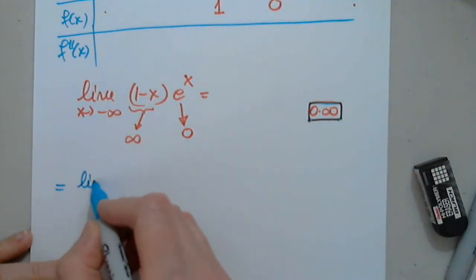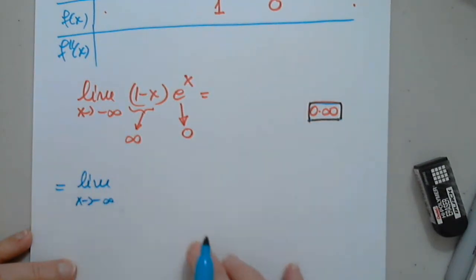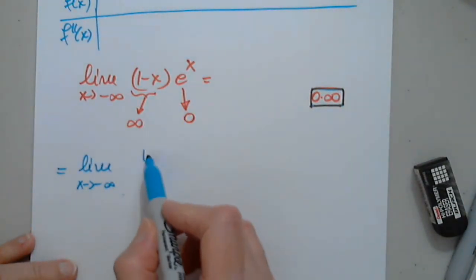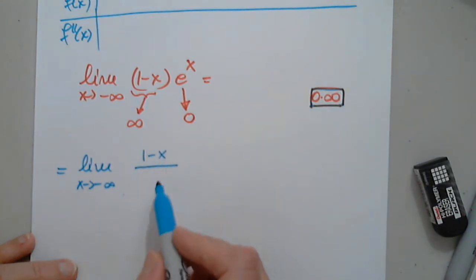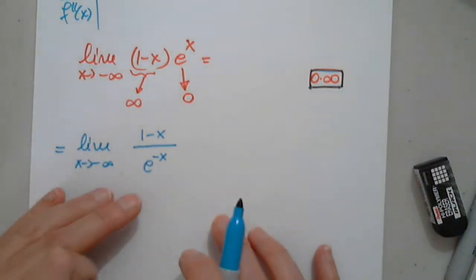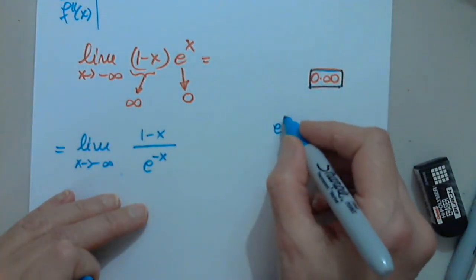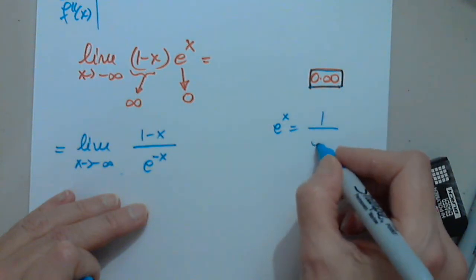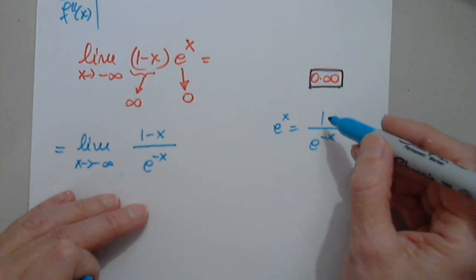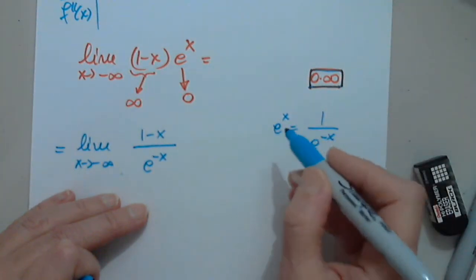So if we have limit here as x approaches negative infinity, one option would be to write this, right? So 1 over, so this will be e to negative x. So I'm changing e to x into 1 over e to negative x. They are the same. 1 over e to negative x is e to the x.